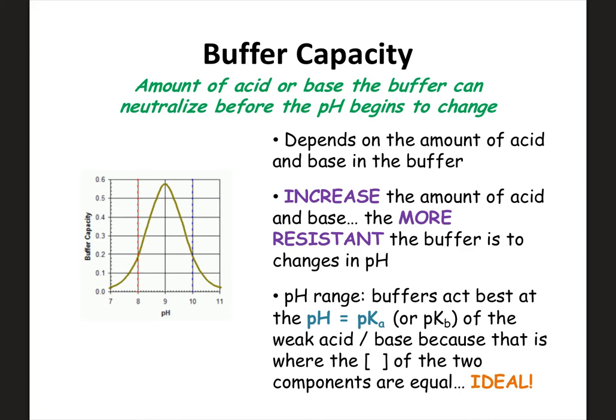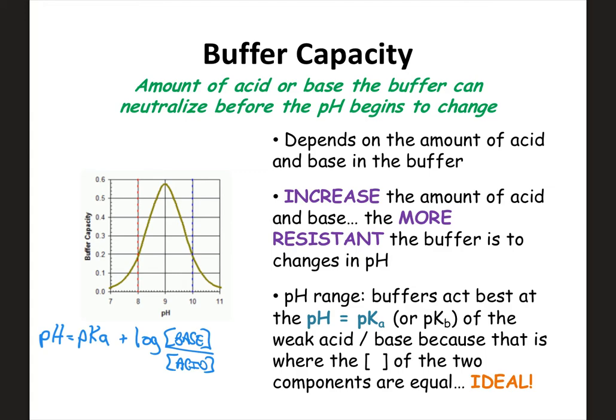Remember these ideal buffers? Ideal buffers have concentrations of the weak and its conjugate being the same. So if you need to look at this in terms of the Henderson-Hasselbalch equation, remember pH equals pKa plus log of the concentration of the base over the concentration of the acid.